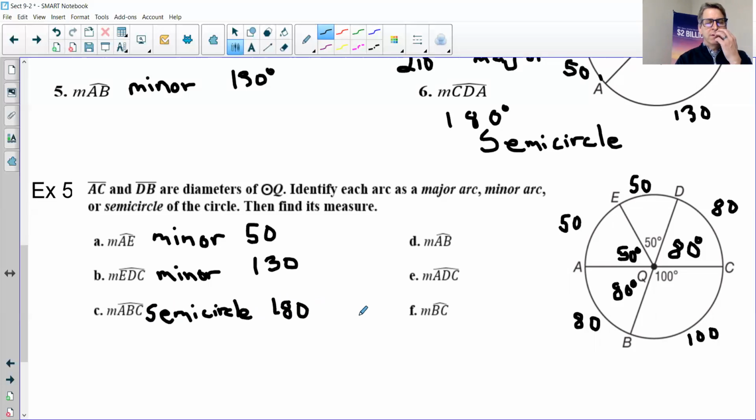Letter D, measure of AB. Measure of AB is 80, and that's also minor. Letter E, measure of ADC. Measure of ADC is a semicircle, and that's 180.